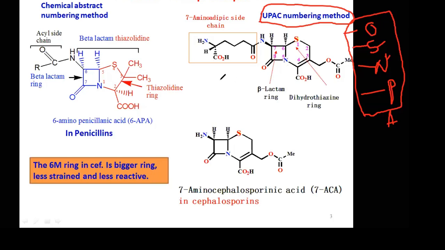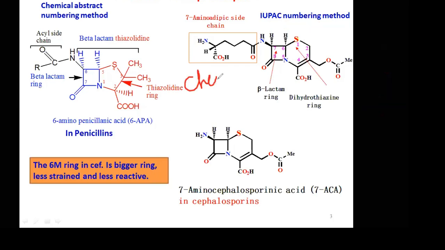There is one more method of numbering, which is called chemical abstract numbering. Here the numbering starts from the fused atom.